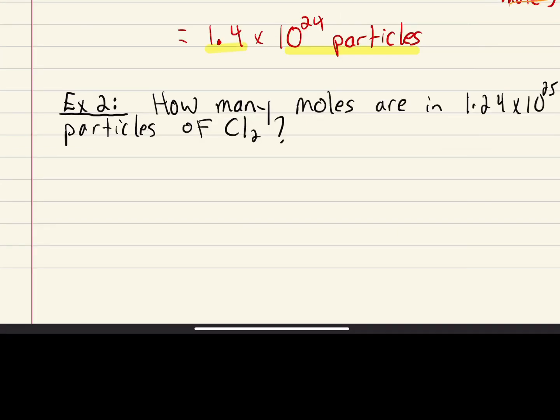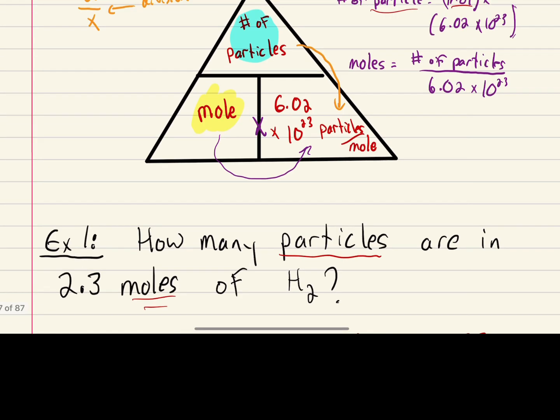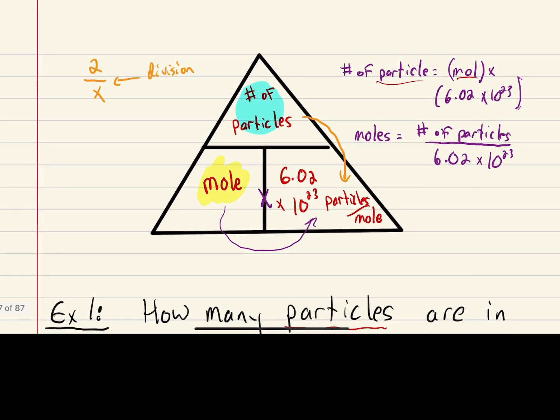The second example reads, how many moles are in 1.24 times 10 to the 25 particles of Cl2? If you notice, although we have a different gas substance here, chlorine instead of hydrogen, the change in substance is not going to do anything, just like Avogadro concluded. Going back to the triangle, we're trying to find the number of moles.